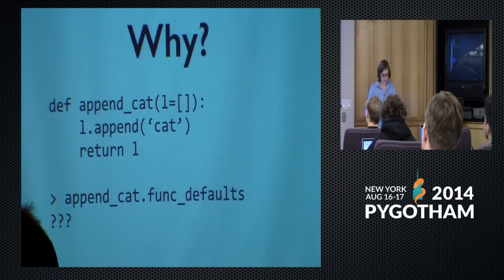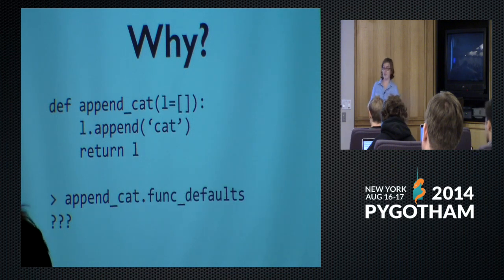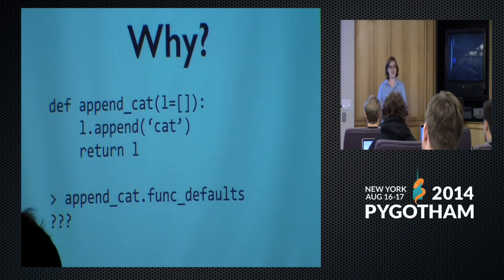So what's another way that we could look at this? In Python, functions are objects, and as a result, they have attributes on them, and it's super fun to play with attributes on a function.